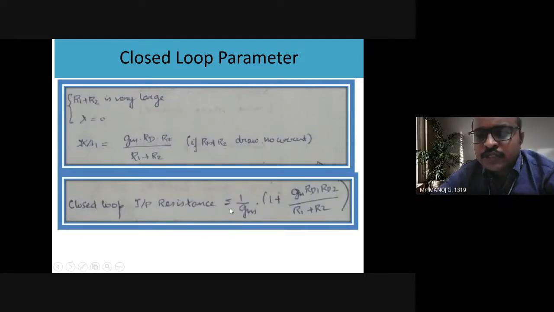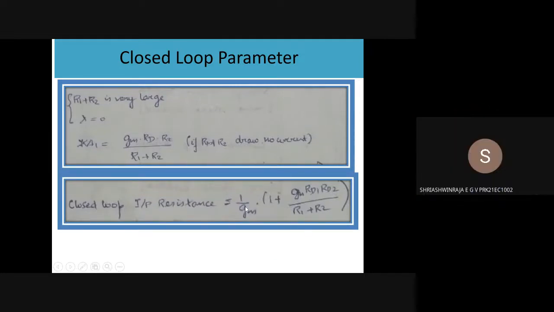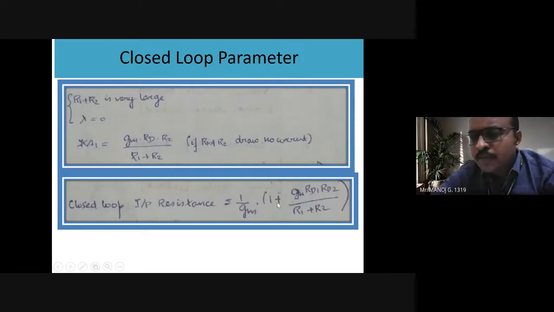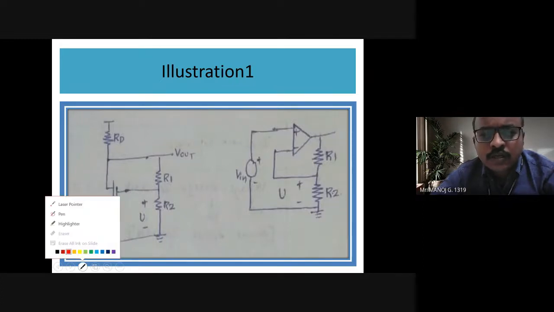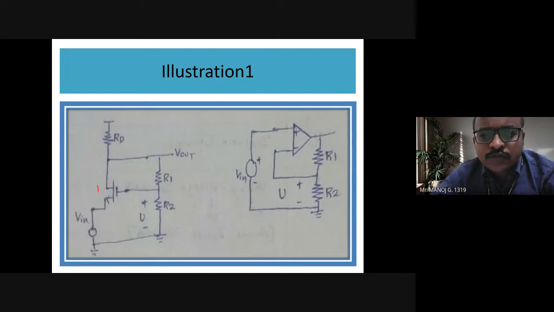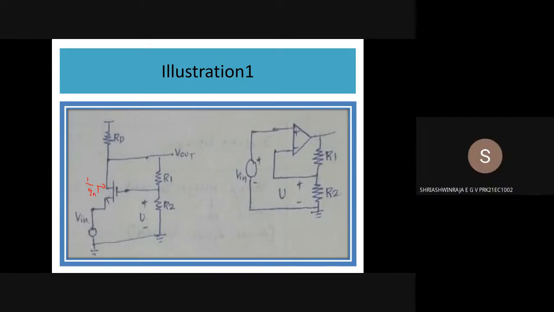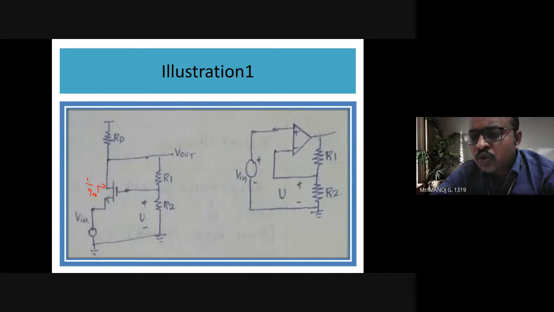Rn is 1 by Gm, because it's only a transistor you have. So the input resistance of this particular thing is nothing but the internal resistance of this transistor, that is 1 by Gm.